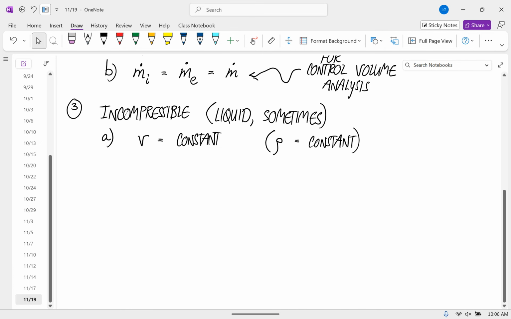Okay, second one. The specific internal energy is a function only of temperature.